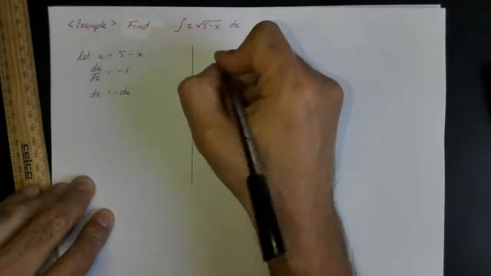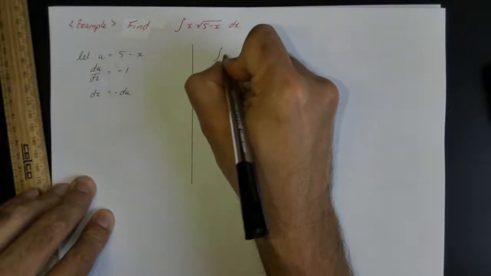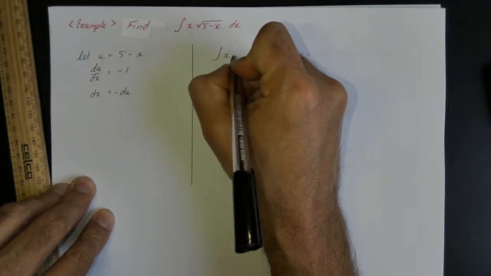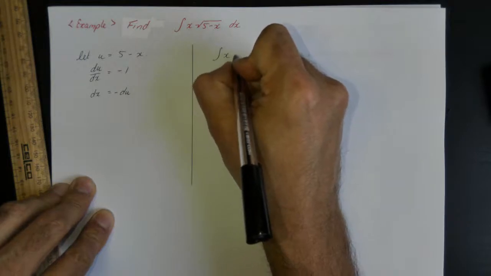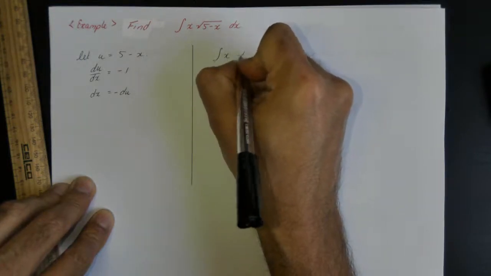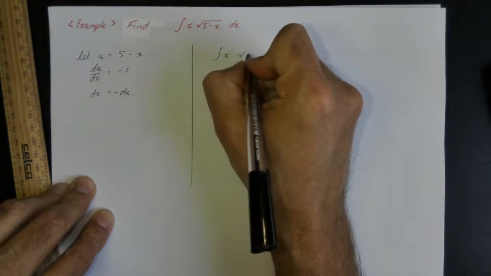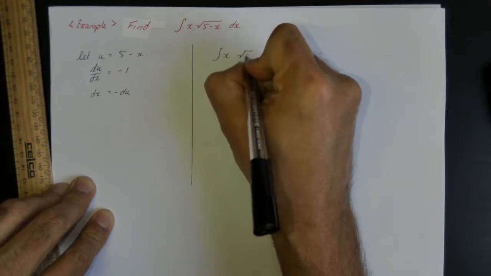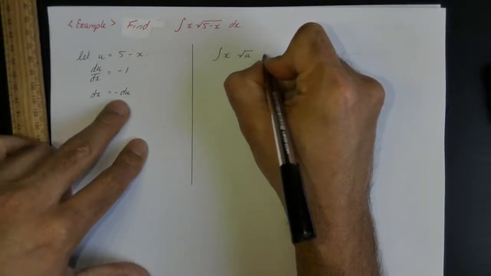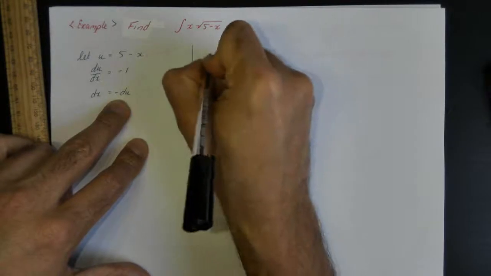So the integral becomes x root u du, and some negative.